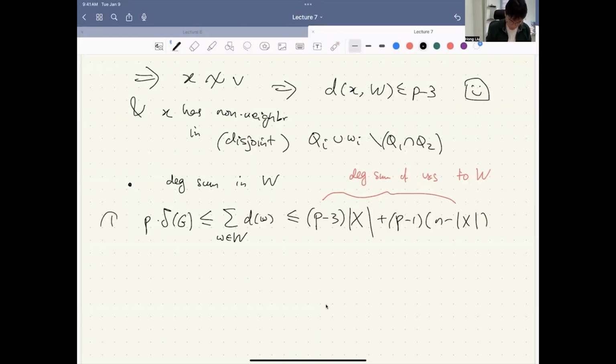So this is our first inequality. Now, remember our second inequality, which gives a bound on X.